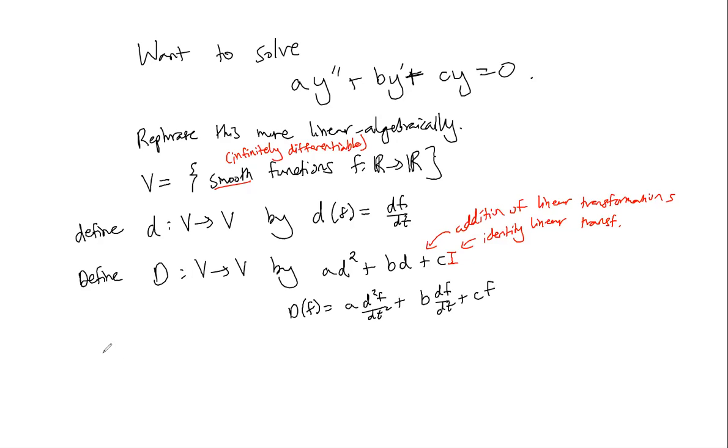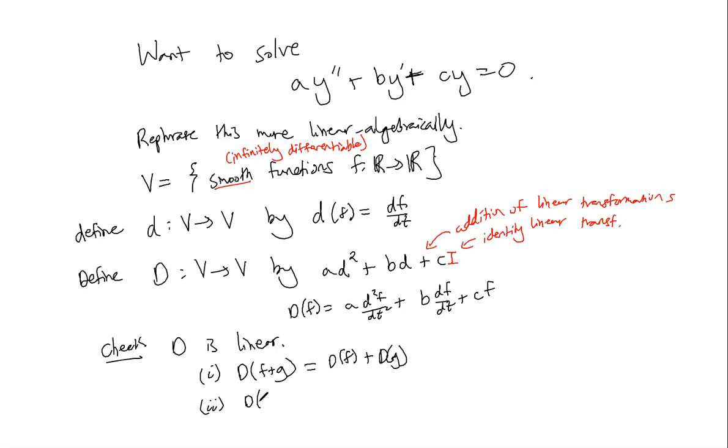And so maybe just to refresh ourselves, let's check that D is in fact a linear transformation. To do that, we need to check two things, which we've done before. We need to check that D applied to a sum of two functions should be the sum of the outputs.